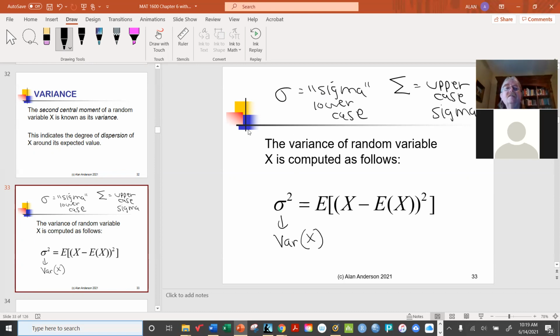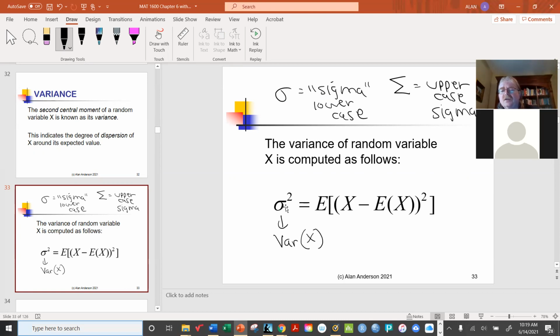Now, sigma makes another appearance here. If you notice, we used sigma in the previous chapters to represent a population standard deviation, and sigma squared was a population variance. Look what happened. We've used the same variable again. Why? I don't know why. I guess somebody decided somewhere along the way that it should be clear from the context that we're talking about a random variable here.